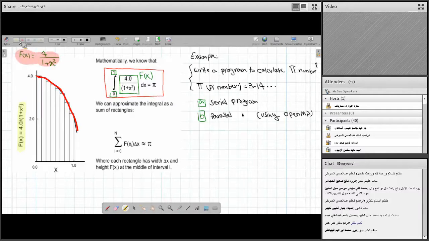This is f(x). We can approximate the integral as a sum of rectangles. میتونیم تخمین بزنیم این انتگرال رو با جمع یک سری مستطیل. انتگرال از 0 تا 1 این تابع میشه سطح زیر منحنی.